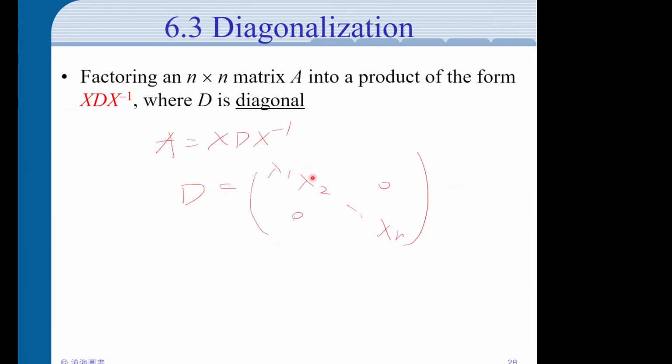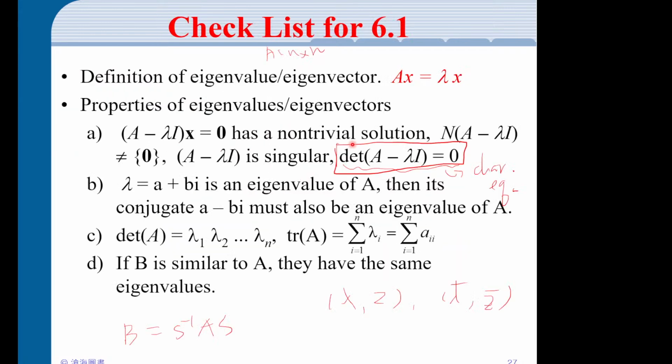I guess this goes back to the roots of the polynomial. As I said, this is an n-degree polynomial, so you have n roots. If the n roots are all different, then you will have n different eigenvectors, and the matrix will be diagonalizable. But if some of the roots are the same, then it might or might not be diagonalizable.